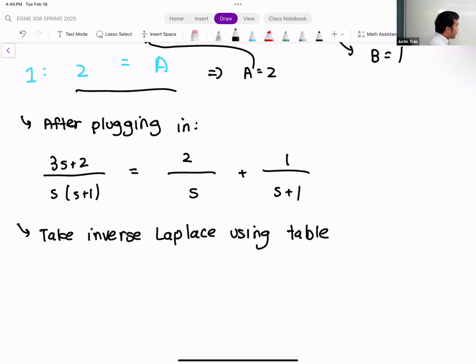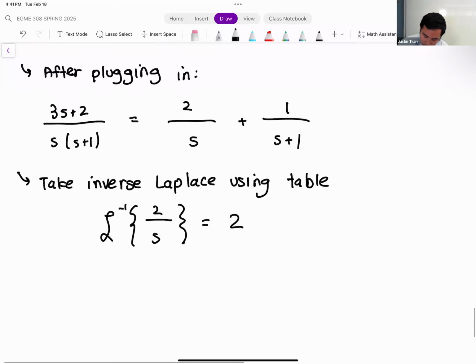First term on the right-hand side, we have 2 over s. 1 over s is in the table: it's just the Laplace transform of 1. So the inverse Laplace of 2 over s is equal to 2. For the other term, we have 1 over s plus 1, which is the inverse Laplace of an exponential.